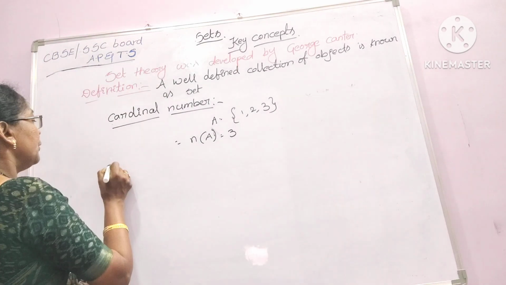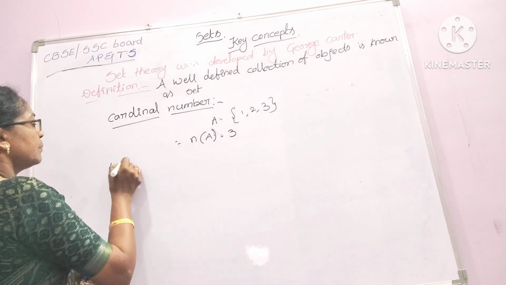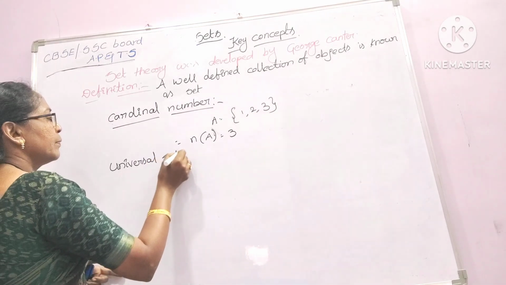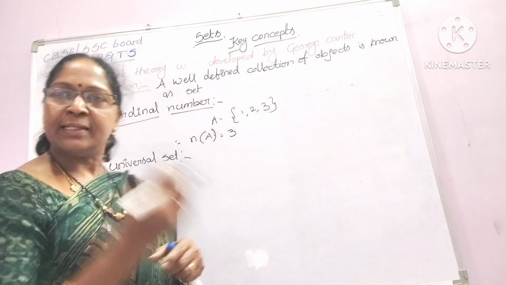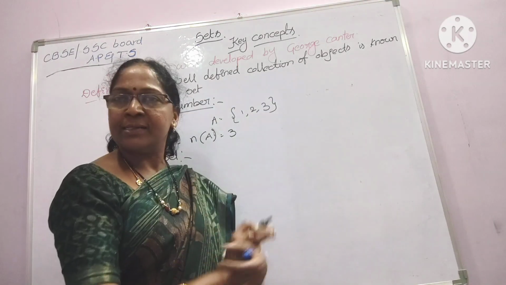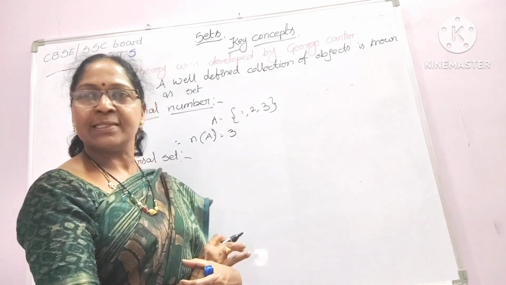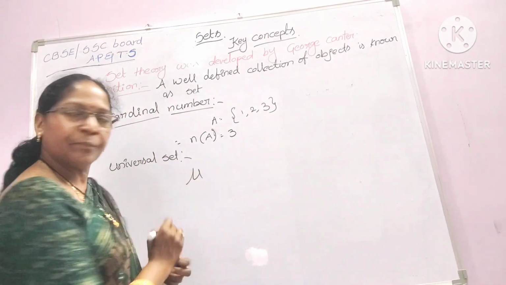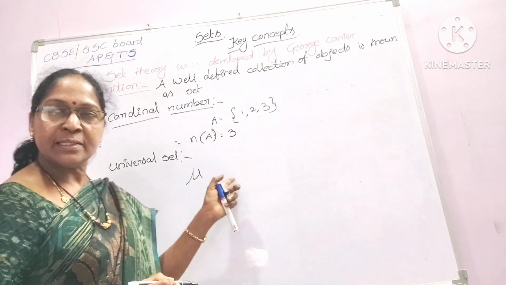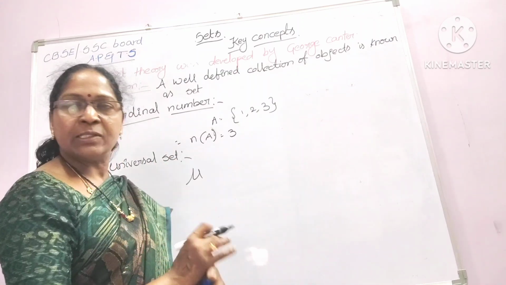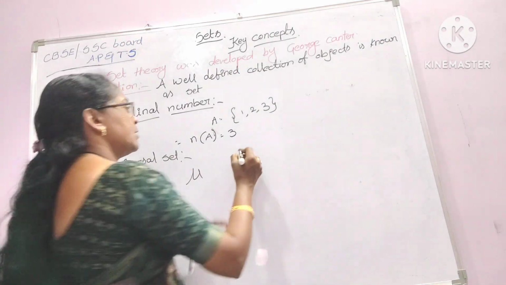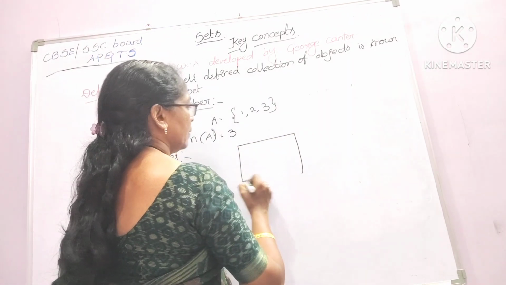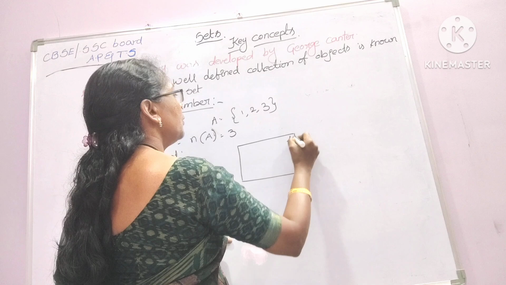Next one is the universal set. What is a universal set? A set which consists of all the sets under consideration is the universal set. The universal set is represented by the letter mu. This is represented like this: mu, the universal set.